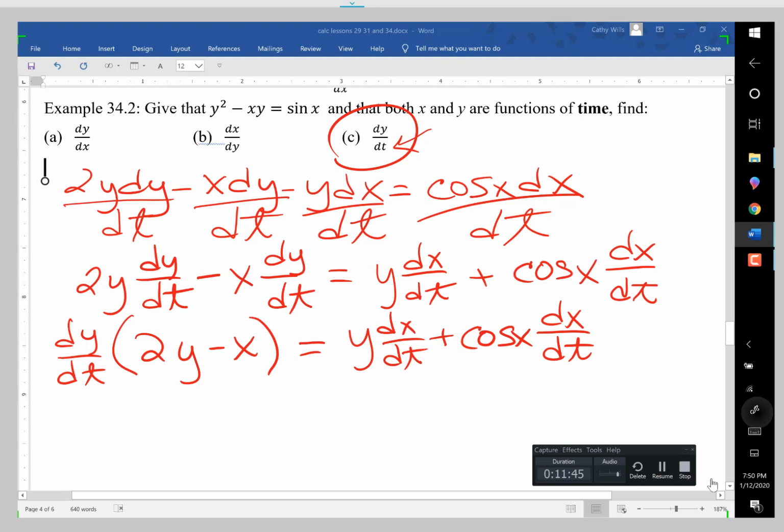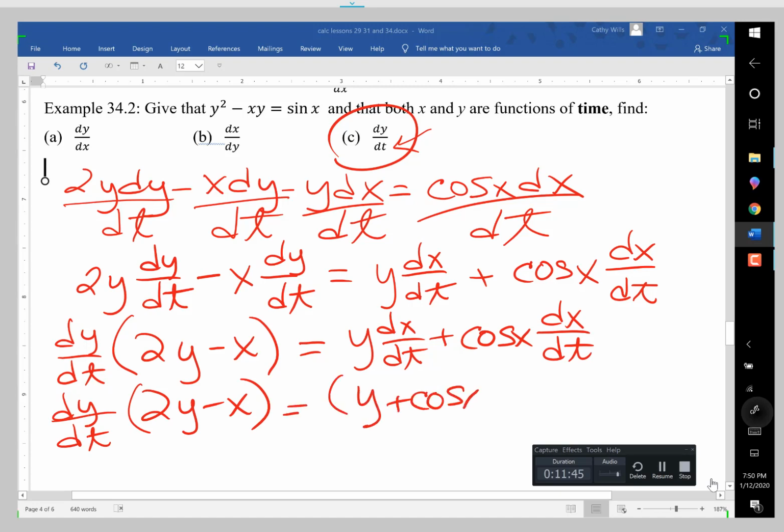First, just to make it not look so messy, I'm going to go ahead and factor out the dx/dt on the right side. So I'll rewrite this. dy/dt over here, times 2y minus x, equals y plus cosine x. I'm just factoring out the dx/dt.